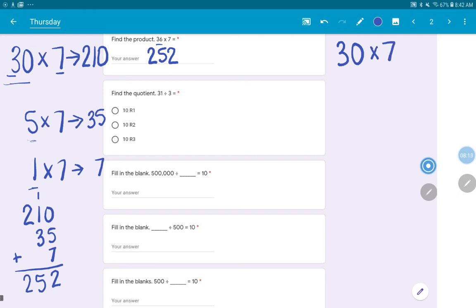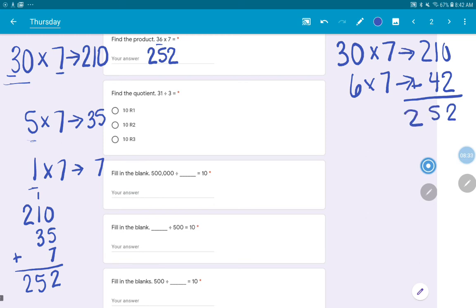So you did 30 times 7 and you got 210, and then you did 6 times 7 and you got 42, and then you added those 2 together and you got 252. Very good. Did somebody use a different strategy? Those were some good ones.